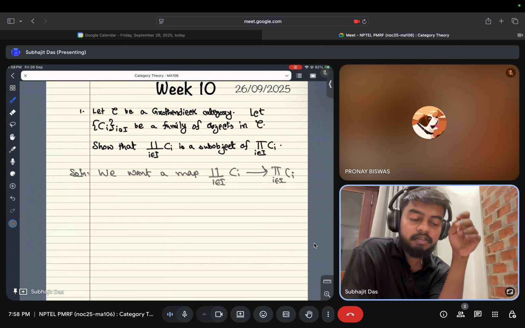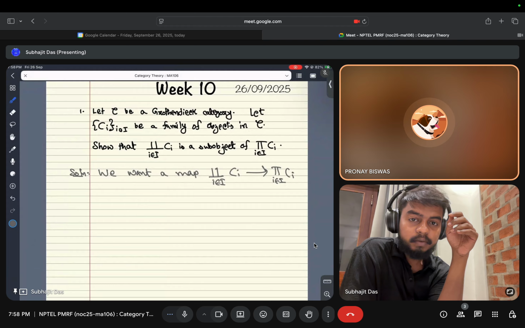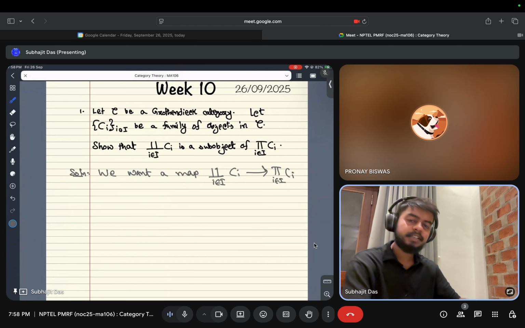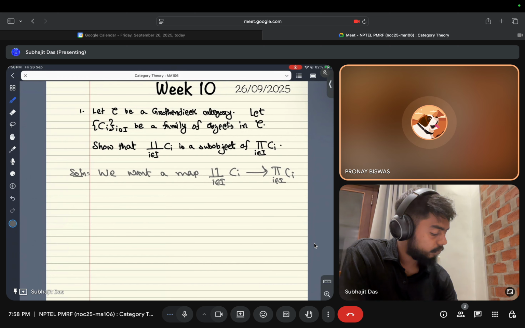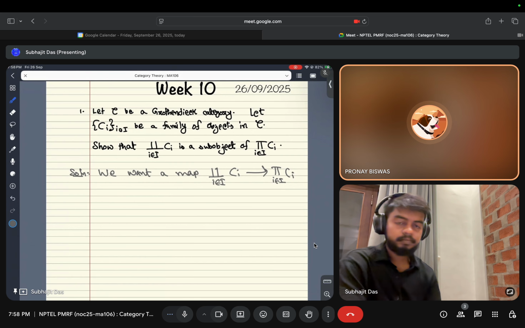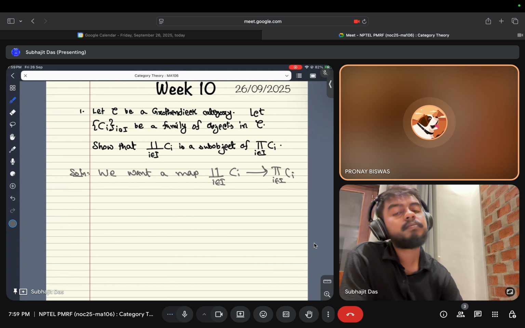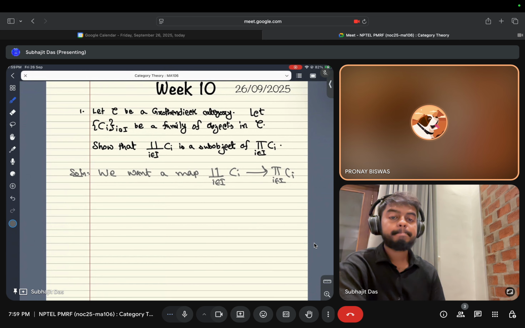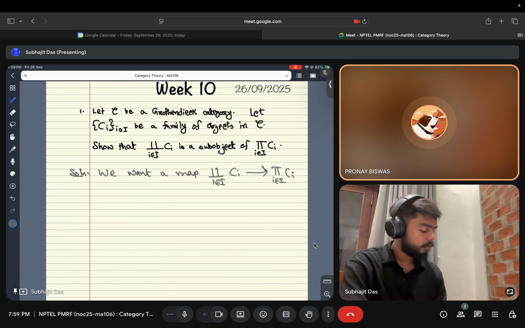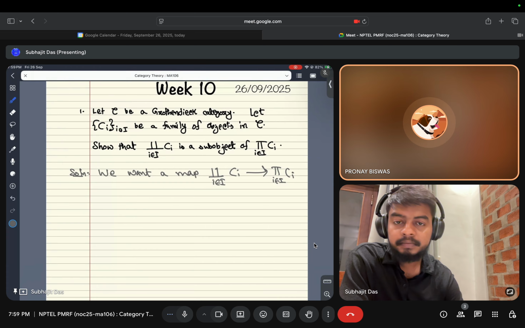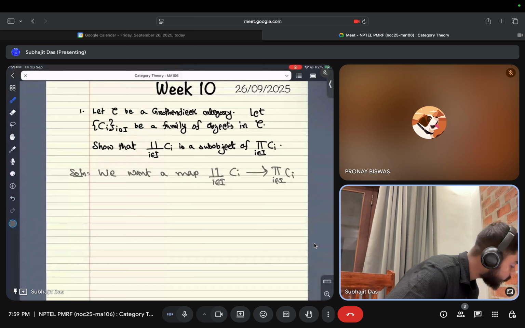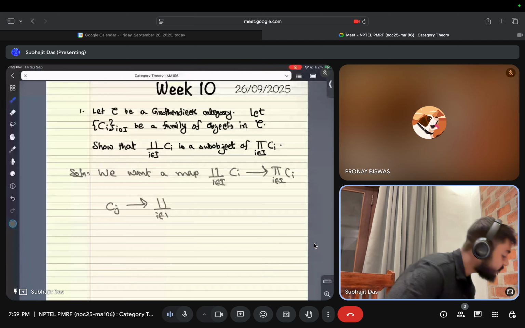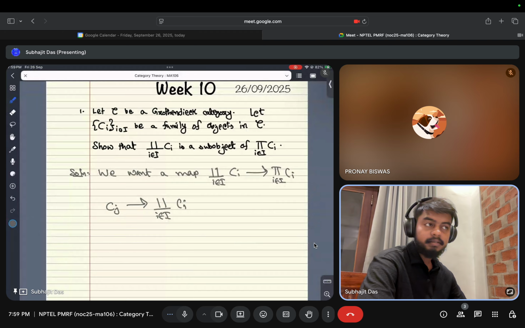To the coproduct, right? We have inclusions from the Ci's to the coproduct. So from every Cj to the coproduct of Ci, i in I, we have our canonical co-projections, let's say.